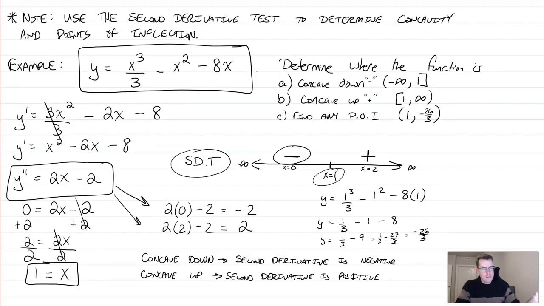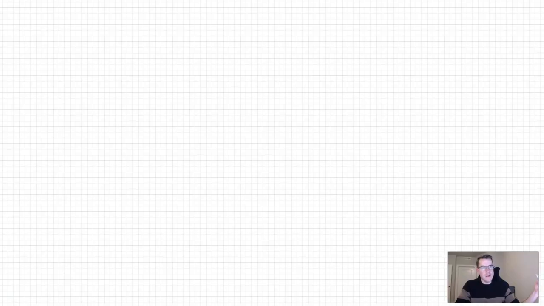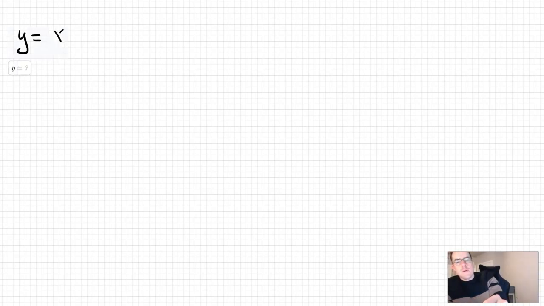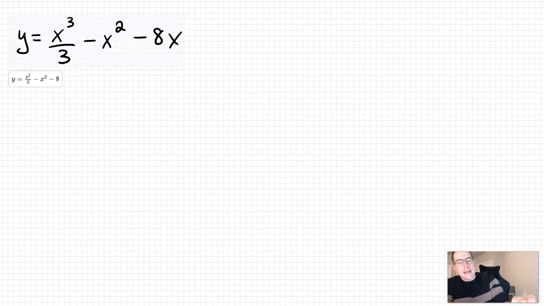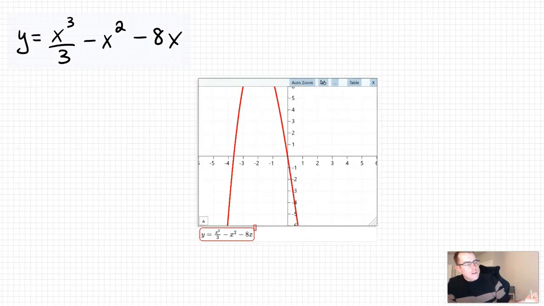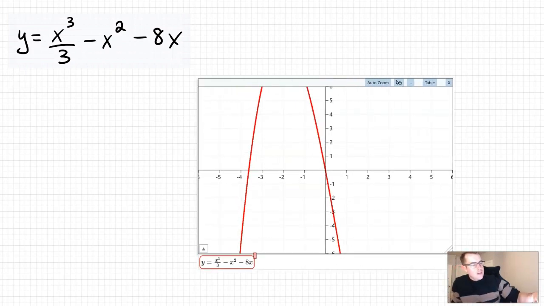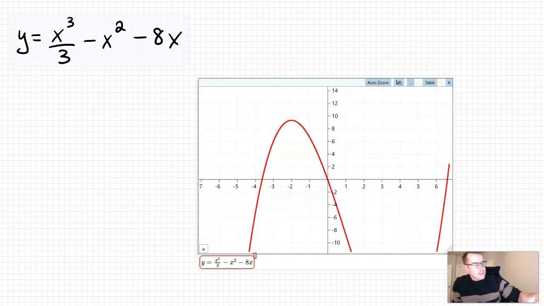Now, let's just show this and see what the graph actually looks like here. So let me pull up a program we can graph this in. Our equation there was y equals x cubed over 3 minus x squared minus 8x. So I just want to show you what this looks like here. Let's make this a little bigger. And why don't we squeeze this down so it fits in here.